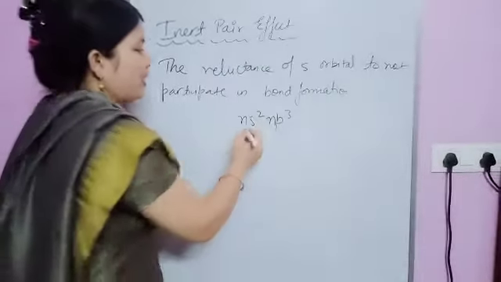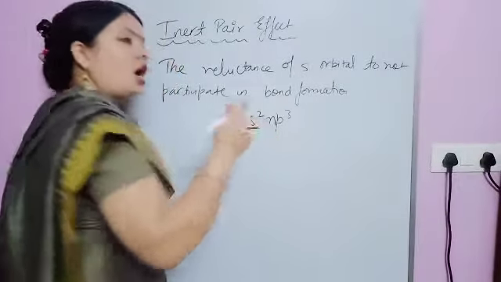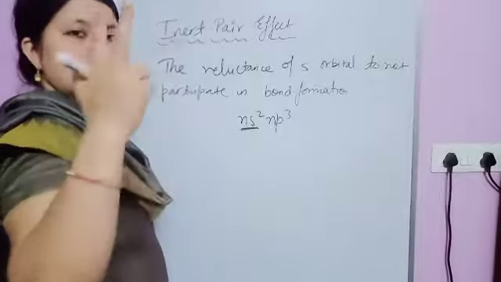Just see, how many electrons can we fill in an s orbital? Maximum 2.